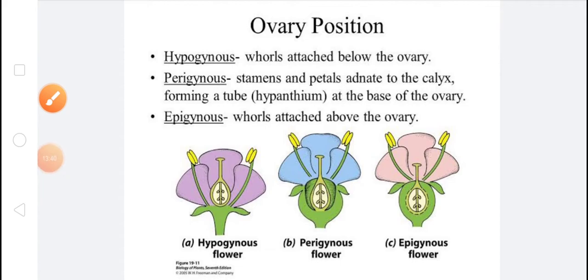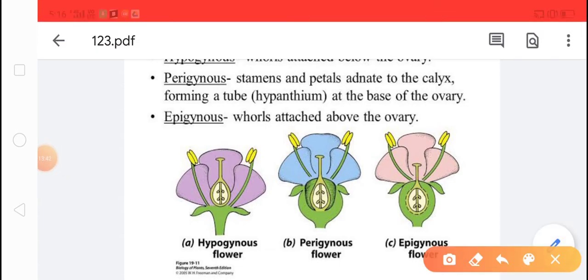When sepals and petals grow below the ovary, such a condition is called a hypogynous flower. And when sepals, petals and ovary are in the same line, such a flower is called a perigynous flower. I hope you understood this arrangement of the ovary in a flower.